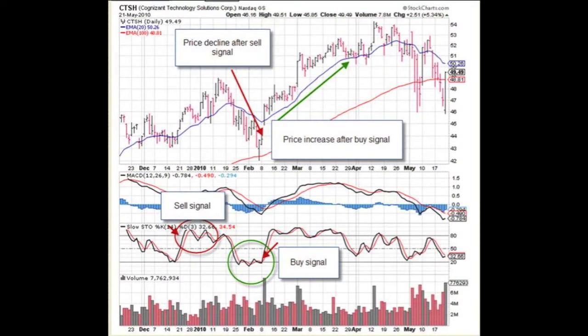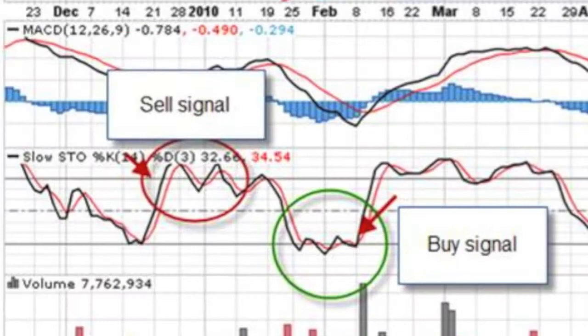Now let's take a look at some buy-sell signals related to this particular technical parameter. On the screenshot you see in front of you, we show a sell signal on the left side. It's circled in red. Now a sell signal is when the oscillator drops from above the 80th percentile to below it.